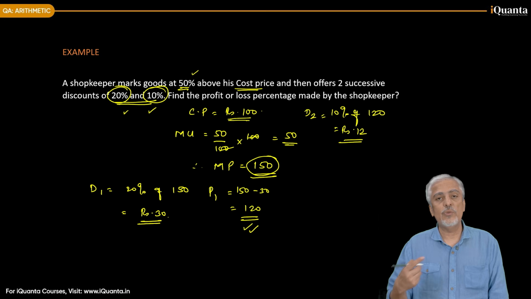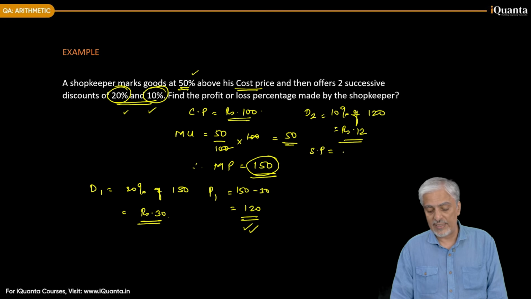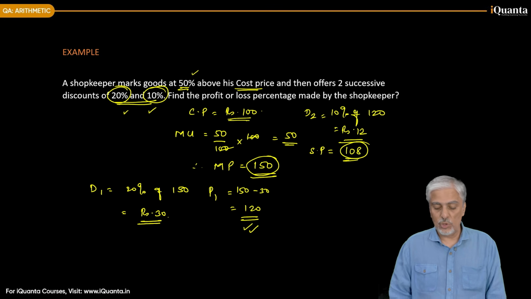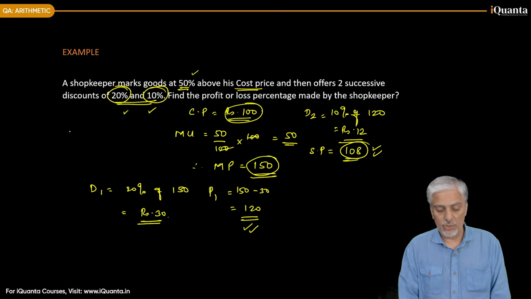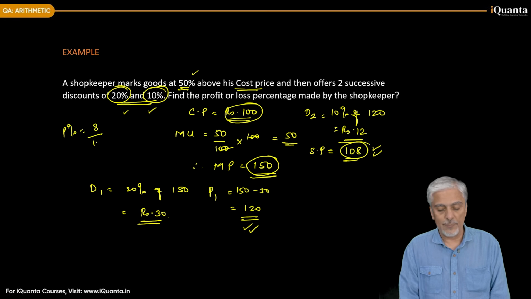And therefore your final selling price becomes 108 rupees. 120 minus 12, 108. So something which you bought for 100, you are selling for 108. So your profit percentage is profit, which is 8 rupees upon the cost price into 100, which will become 8%.